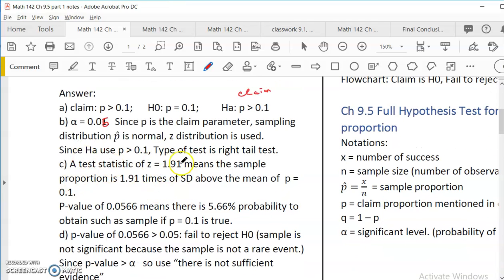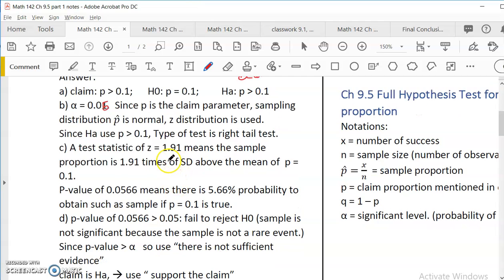So let's see the test statistic, and then the next thing is to look at our sample and check if it is actually rare. So look at the test statistic of 1.91. It means that the sample proportion is 1.91 times above the mean of x0 of 0.1.